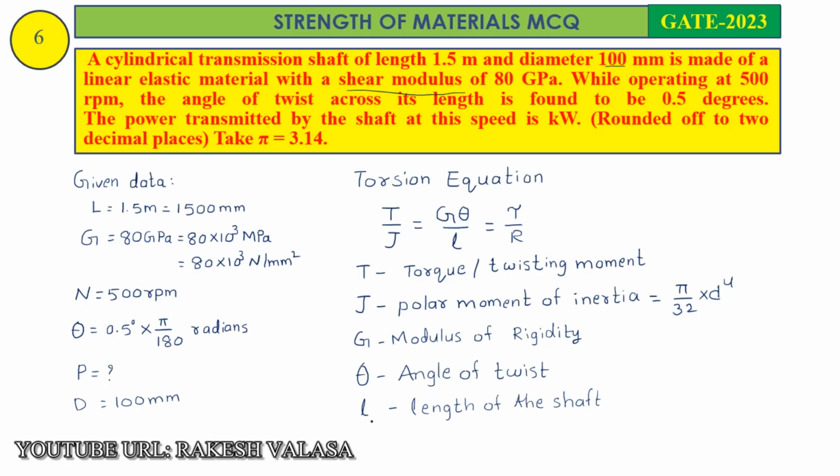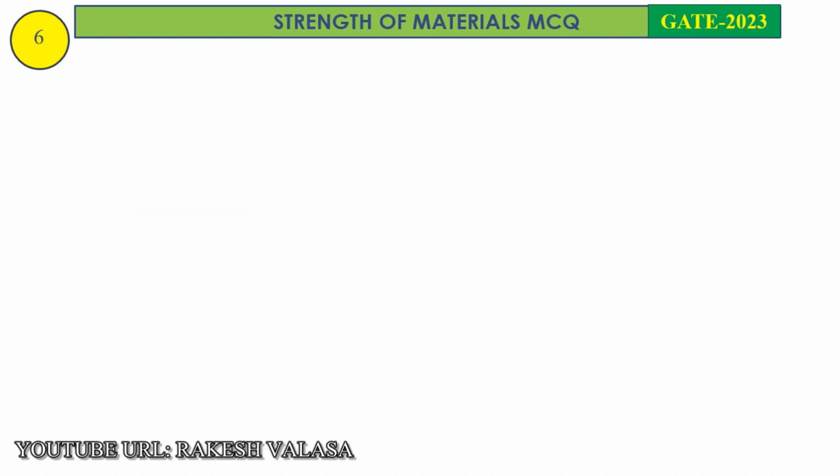And tau means shear stress. Finally, R means radius of the shaft. Okay, this is regarding the torsion equation.